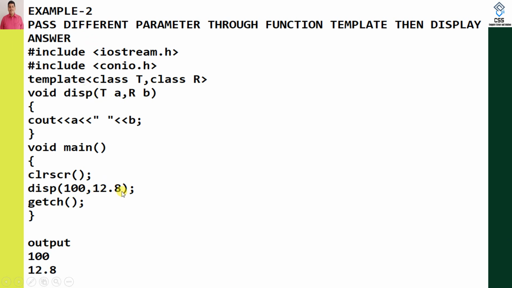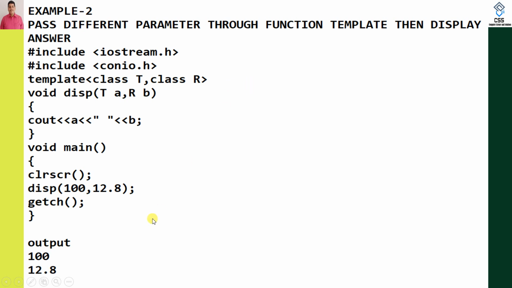If you are passing 12.8, it will be stored in the b variable and the R nature will be float. Means at a time we are sending different types of value to the template, and that is known as passing multiple types of parameters within the function template. You do not have to declare integer, character, float, etc. Like this, many templates you can define at a time.